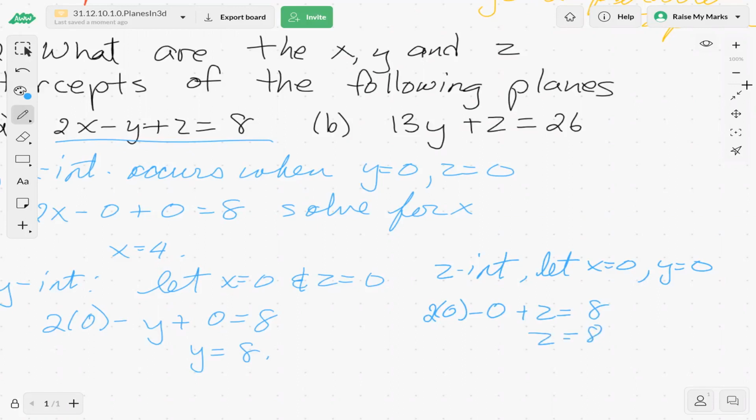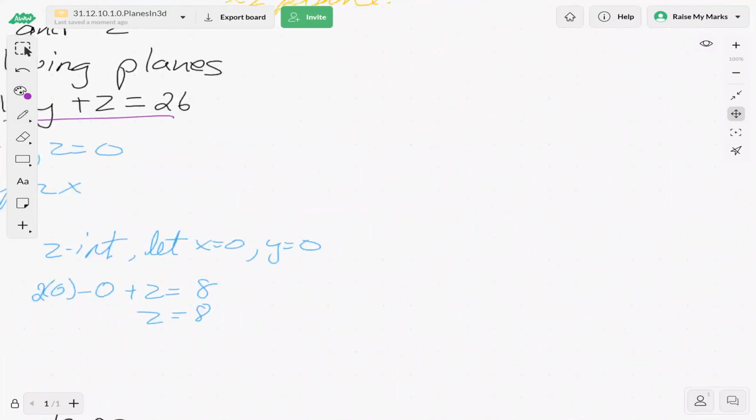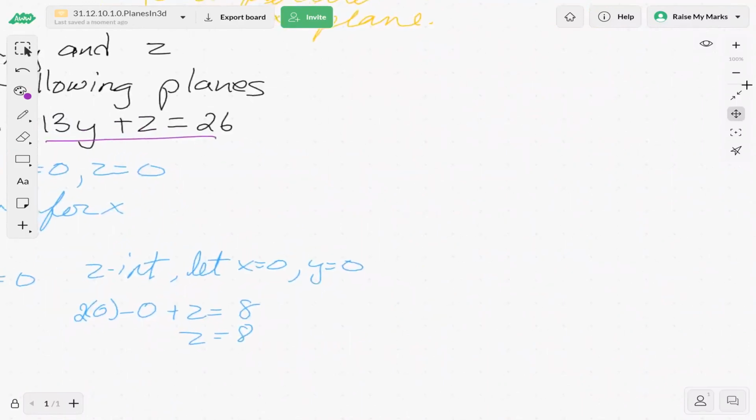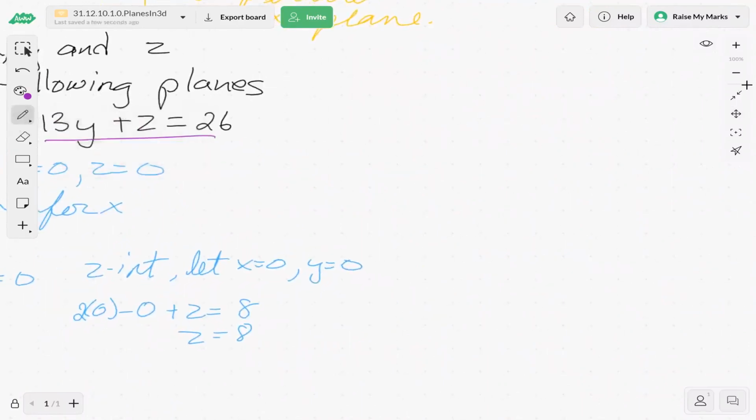All right. Let's do the next one. Different color. Let's scroll over to the right. I think we can see it. Let's do B, x-intercept. So we need to let y and z equal 0.